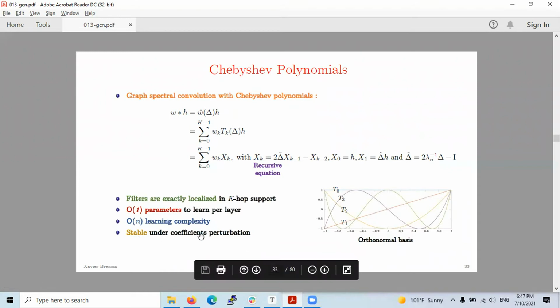Now, coefficient perturbation could be like how Mayank explained, and it similarly translates into the gradients that we find in the backpropagation while learning.